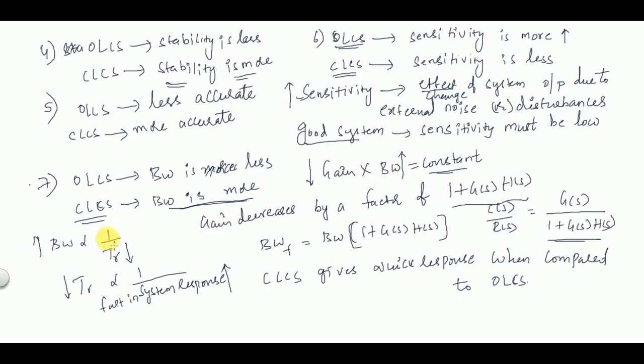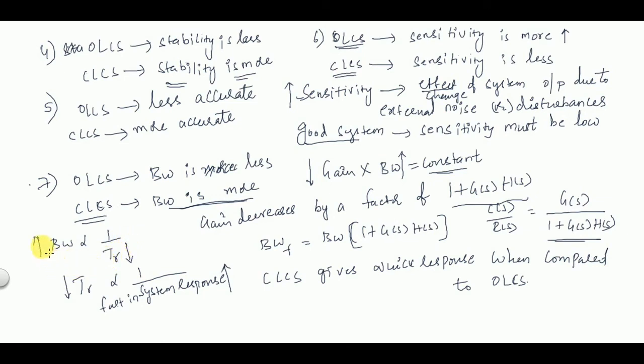Similarly, when bandwidth is more, rise time is going to be less. Rise time is the time required for the system to rise to 90% of the output. I'll discuss this when the time response concept comes in control systems. Bandwidth is inversely proportional to rise time.